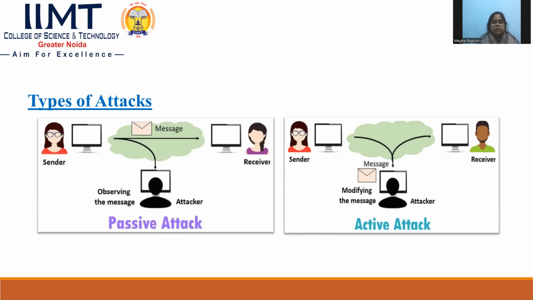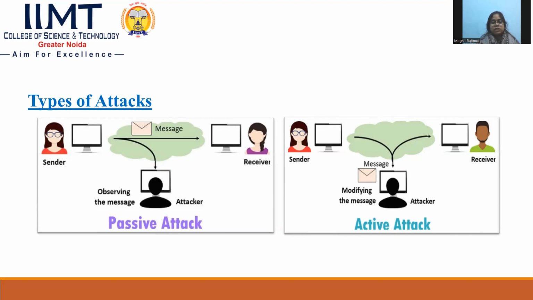When we apply network security, there are two types of attacks: passive attack and active attack. In a passive attack, the attacker only observes our message, meaning the message is sent by the sender to the receiver and the attacker only observes it.